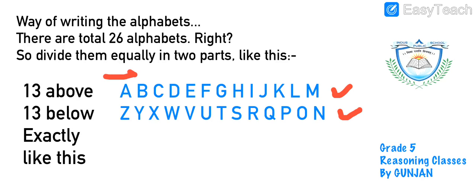I have started from here: A, B, C, D, E, F, G, H, I, J, K, L, M. 13 alphabets are over, and then from there I have written N, O, P, Q, R, S, T, U, V, W, X, Y, Z. That means I have written 13 alphabets above and 13 alphabets exactly below.